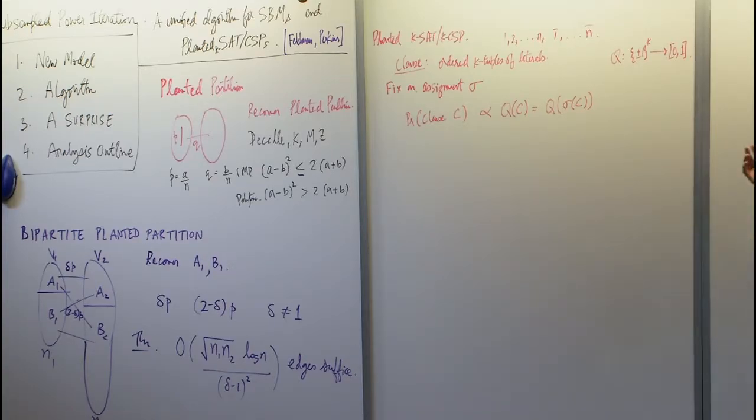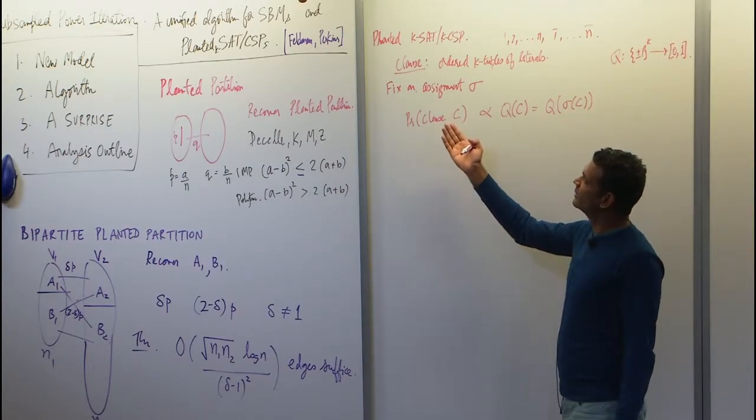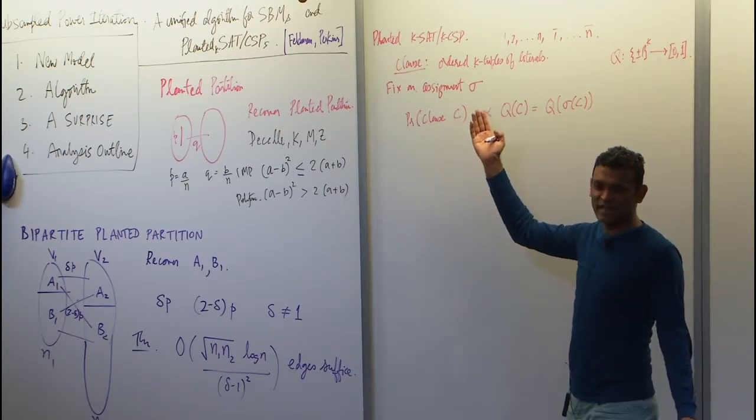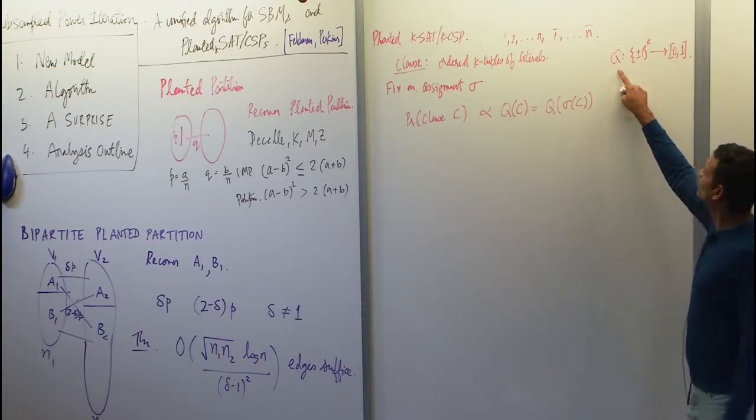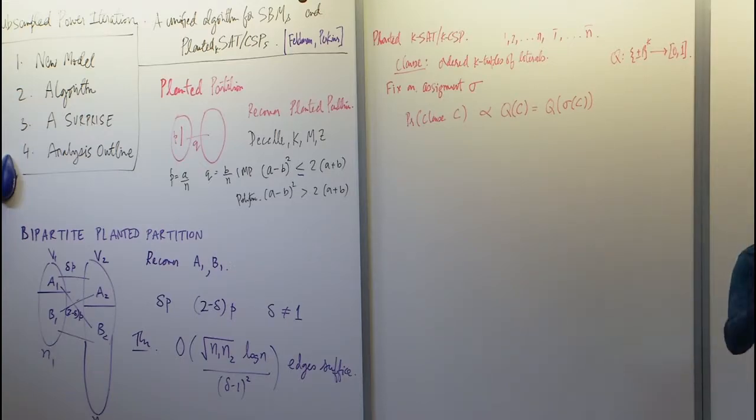Okay. So for example, if you wanted to pick a satisfied k-CNF SAT, you would make q equal to 1 for all clauses with at least one true literal. As long as you picked at least one true literal, that would be q equal to 1.